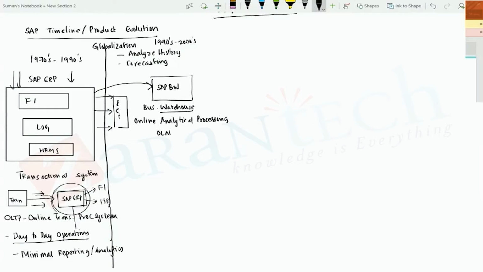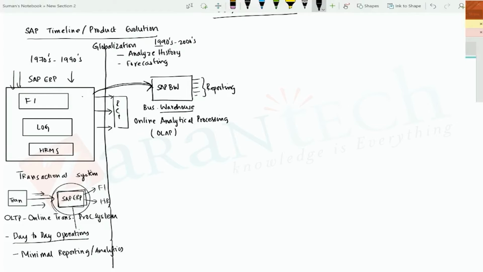So the intention of this SAP BW tool was to predominantly use it for reporting and analytic purposes. The data that was stored in ERP was pushed further into SAP BW and used for reporting functionality.